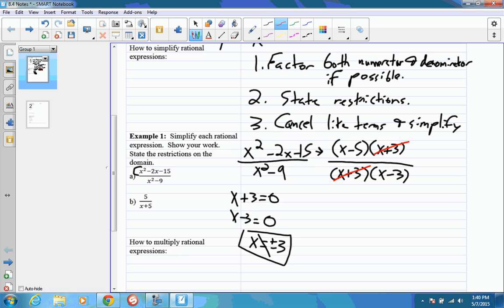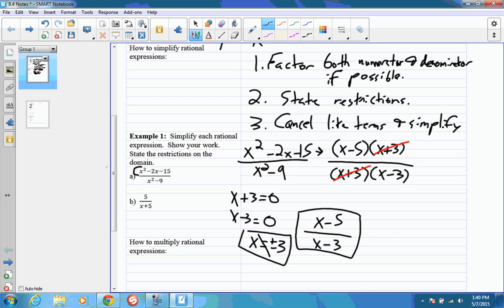If I canceled and then stated my restrictions, I would lose negative 3 as a restriction. Got to do these steps in order: state restrictions, then cancel. So my final answer: I've got my restrictions, and then I need to simplify totally. X minus 5 over x minus 3. I'll put a box around that as well.